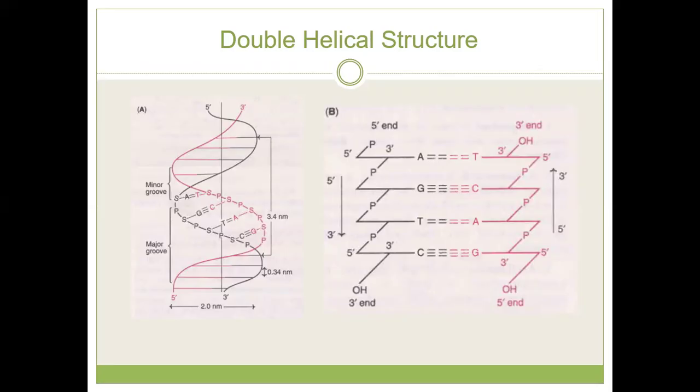So the one that contains the genetic information is called the template strand, or a sense strand, or a coding strand, while the one that does not contain the genetic information is just a complementary strand. It is called the antisense strand or non-coding strand. Is that clear?